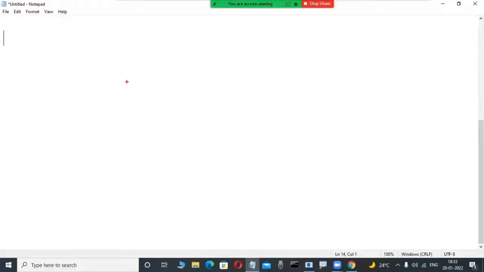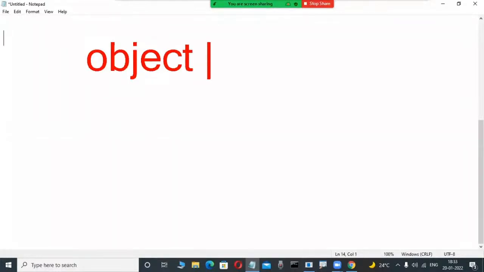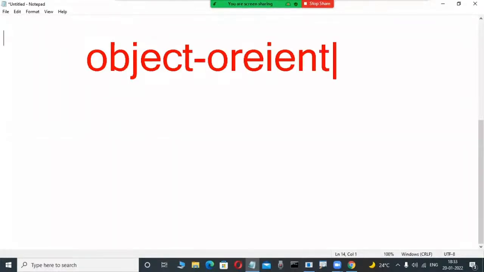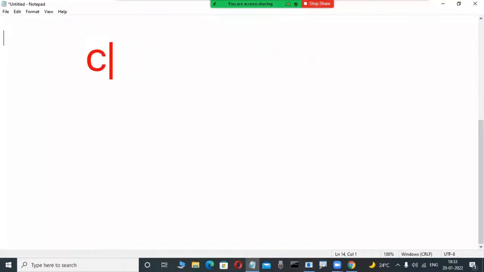Suppose there are many object-oriented languages worldwide. Maybe many fellows have an idea. C++ is an object-oriented language. Java is a popular object-oriented language.